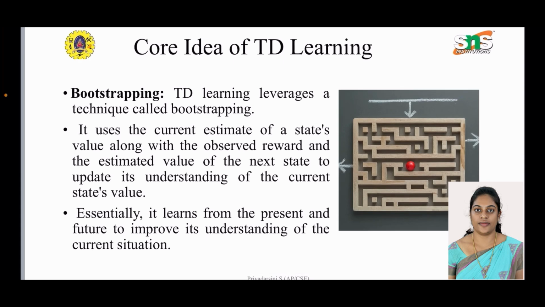The key concept in TD learning is bootstrapping. Instead of building a complete model, TD learning directly updates the value of a state based on the current estimated value of the state, that is V(S), the observed reward R(S, A) received for taking an action A in a state S, and the estimated value V(S') of the next state S' reached after taking the action.